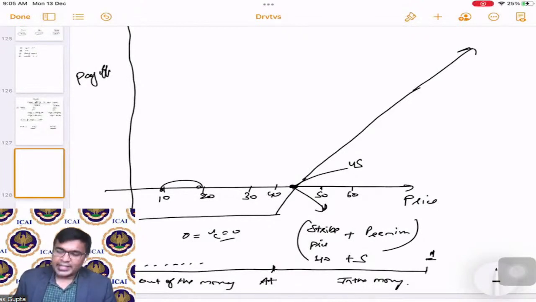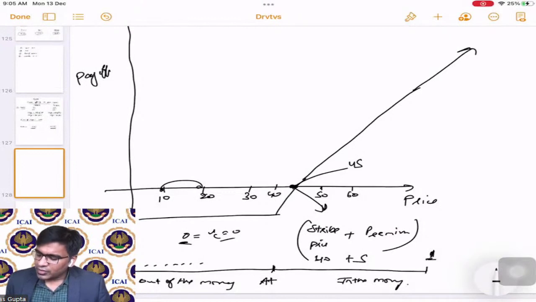Why am I saying delta here will be 0? Because any change in the price will not have any significant impact on the value of the call option. Similarly, why we are saying 1 here is because any small change in the price also will bring it deep in the money, and it will have a very drastic impact on the value of the call option.